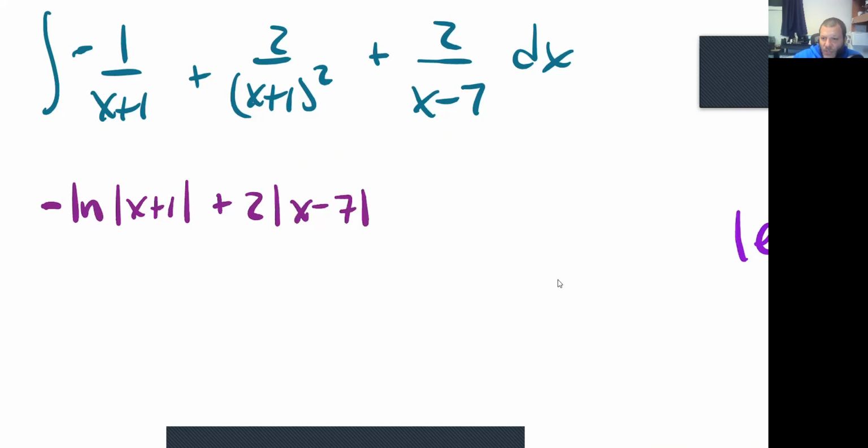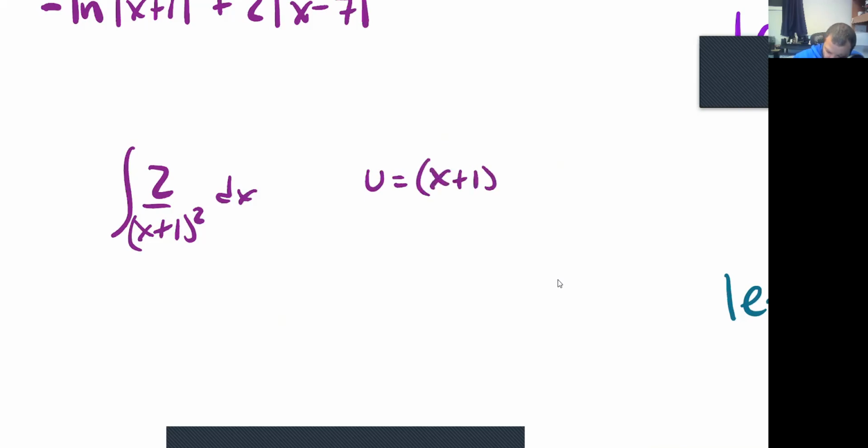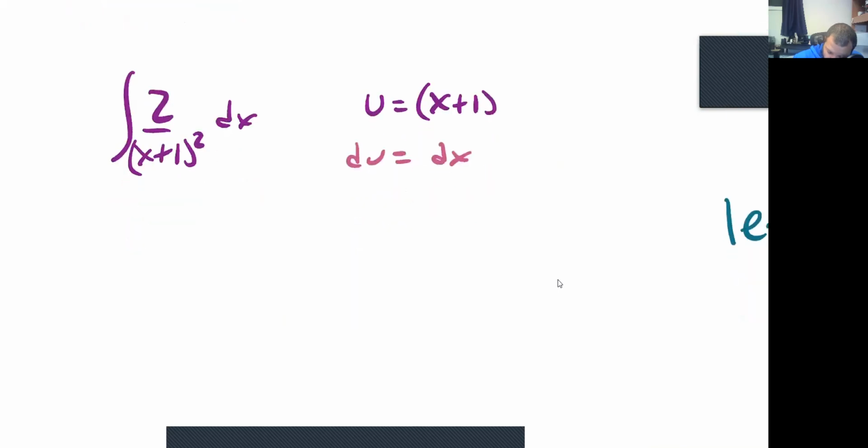The 2 over (x plus 1) squared is not going to be a natural log. We could do a u substitution here. If u is x plus 1, we're going to get a du of just dx, and this is going to turn into 2 over u squared du, aka 2 out front times 1 over u squared.